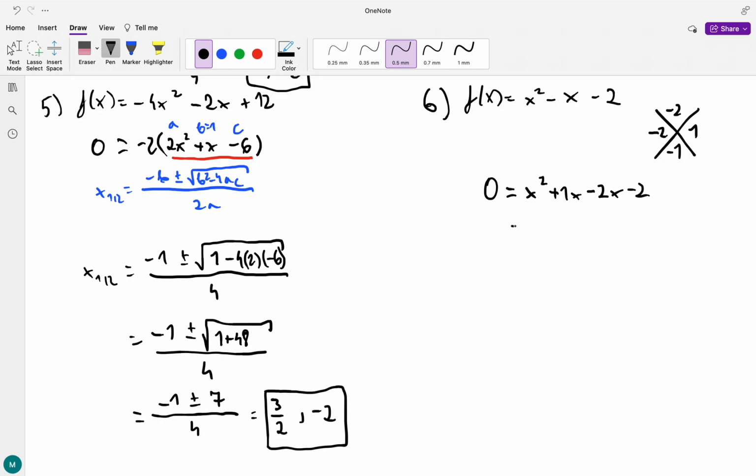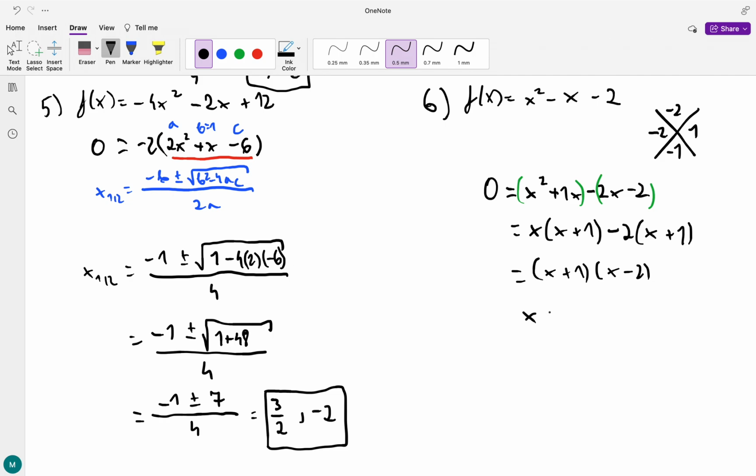And we're going to end up with two groups per usual. So let me not forget our imaginary parentheses. And let's start factoring out. From the first parentheses, we can only factor out x, and we are left with x plus 1. From the second parentheses, I think we can factor out negative 2, and we are left with also x plus 1. So we have x plus 1 times x minus 2.